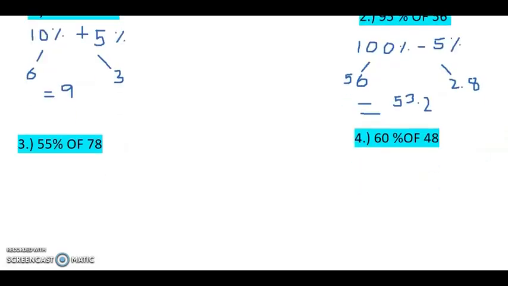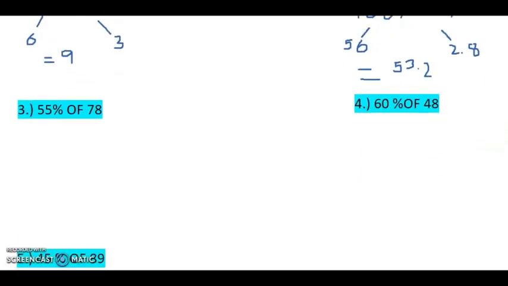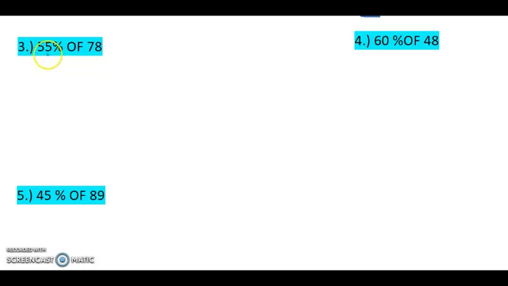Let's look at the next question, number 3. 55% of 78. 55 is 50% plus 5%. So what is 50% of 78? 50% of 78 is 39.